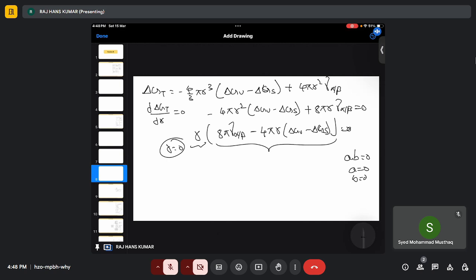Now if we equate this term to 0, then let's take 4 pi common, 4 times 1, 4 times 2, then R equals 2 gamma alpha beta upon delta GV minus delta GS.